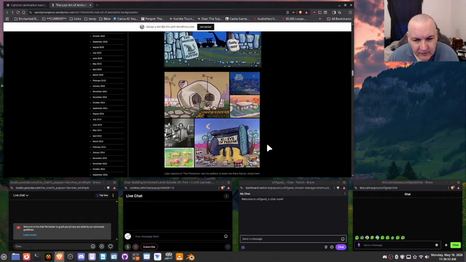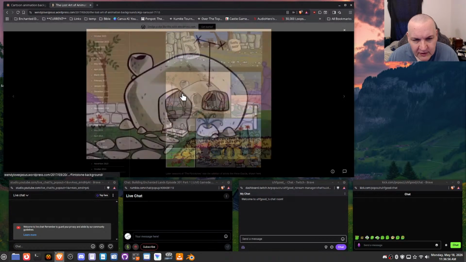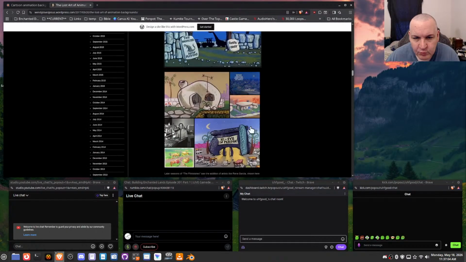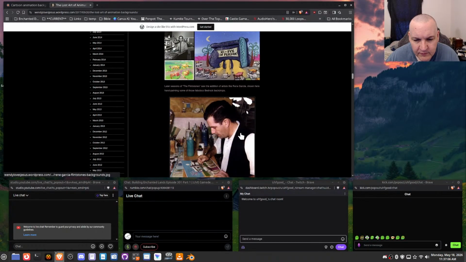Bedrock. I wouldn't say these are great backgrounds by any stretch of the imagination. They're adequate. They work, but not that they're nice works of art to look at per se.